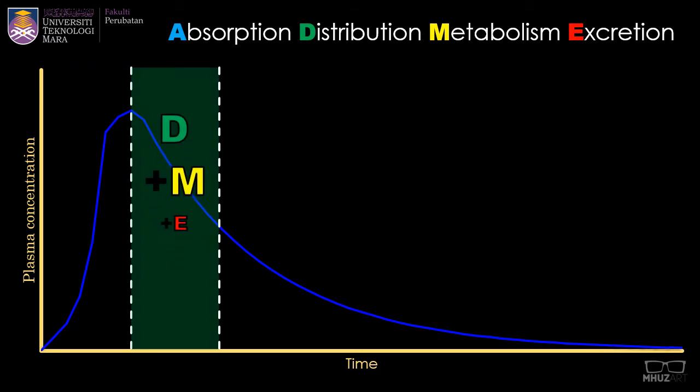In the second part, in green here, most of the drop in plasma concentration is due to the distribution and metabolic processes happening on the drug. So during this part, the drugs are being distributed into tissues, into the liver, into the brain.